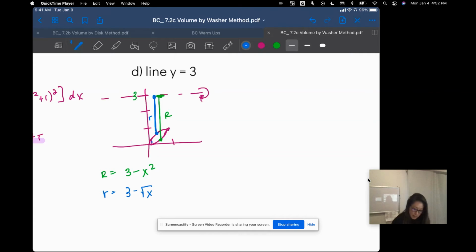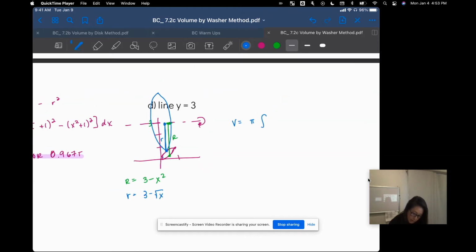Now we're ready. The volume is equal to pi times the integral, and so what's happening is this inside ring is going to swoop around like that, okay? And the outside ring at the same x value would swoop around like that, and then one cross section of your shape would look like a washer.